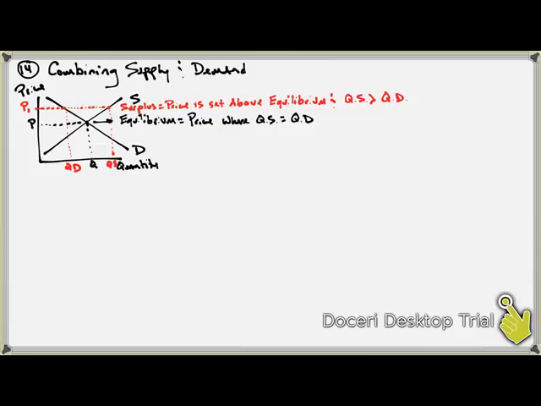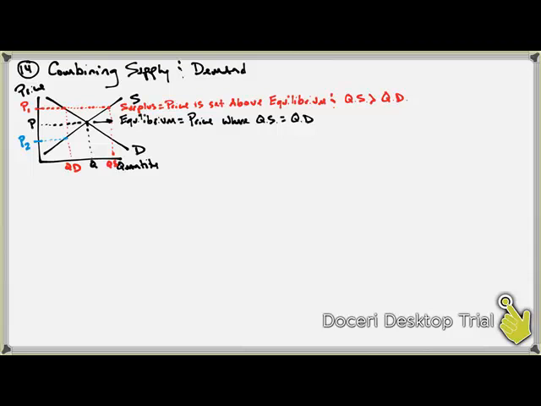Now, what if we set our price too low? Let's try to go blue. So I'm going to set a price below equilibrium. Let's call it P2. You guys see that okay? P2. Now at P2, let's do the same thing.